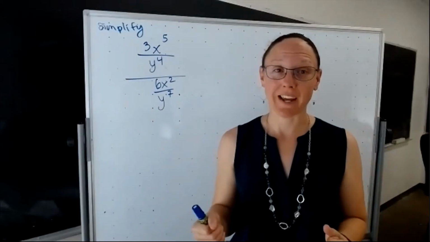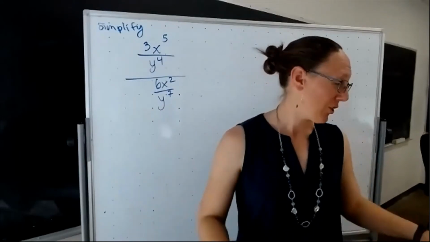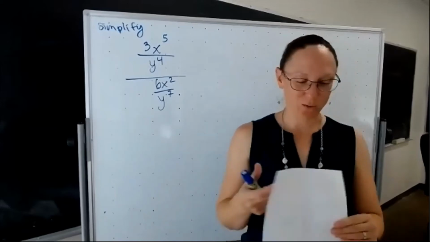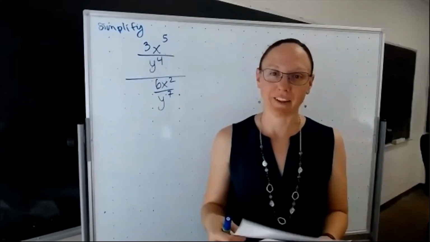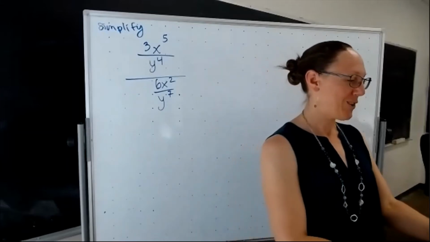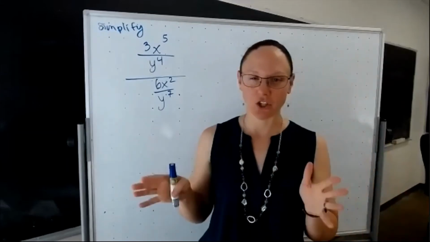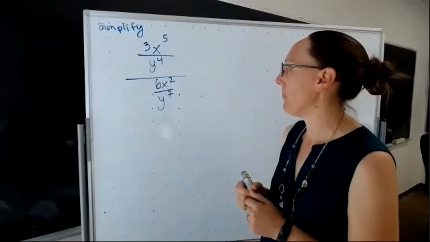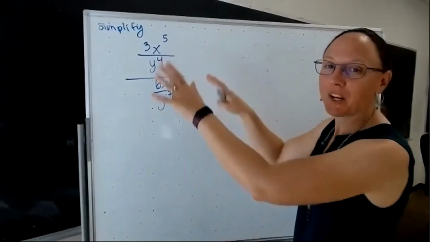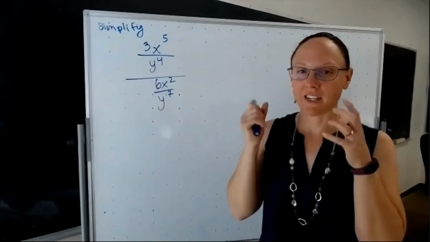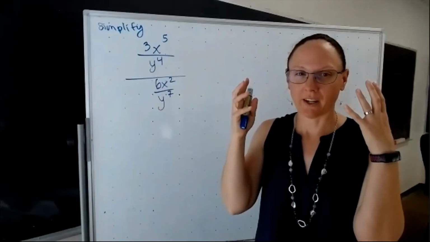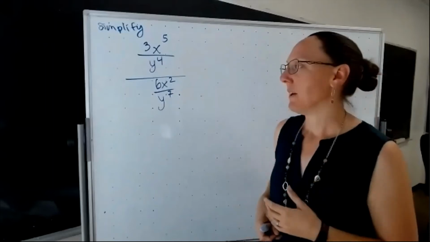If the lines on the page are throwing you off, use the back of some random printout you have laying around, so that you've got a clean sheet of paper. Because when I look at something like this, it's easy for that middle division bar to kind of get muddled when we're looking at this.